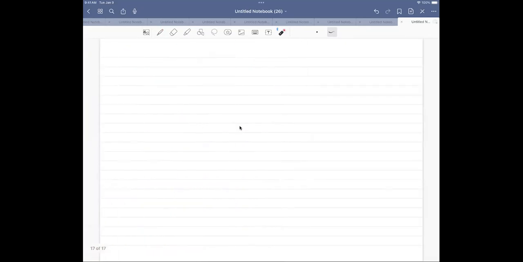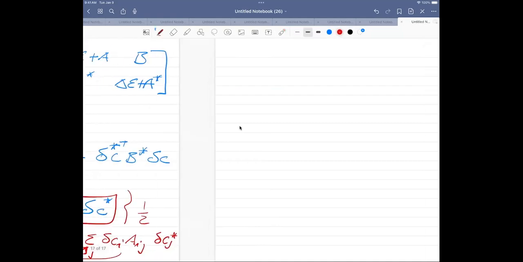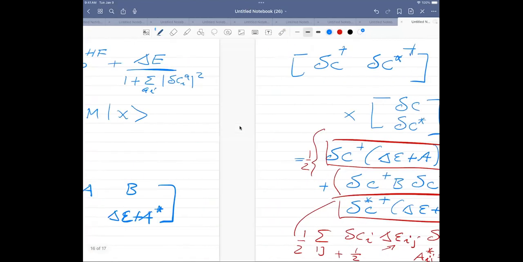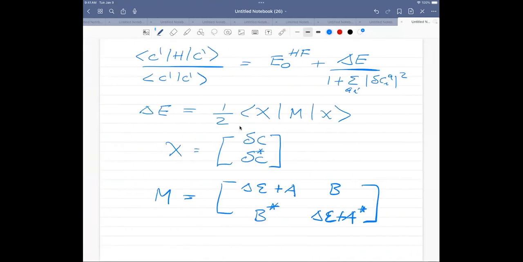Now, the thing which is interesting for us, and this is where we're going to stop today, is that if we are looking at this problem in terms of this specific matrix, what we want is that this delta E should be larger than or equal to 0 in order for this state to be a minimum.